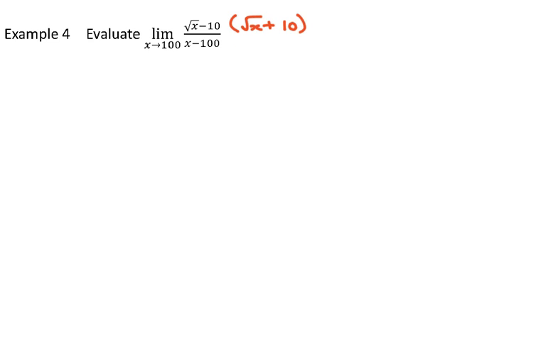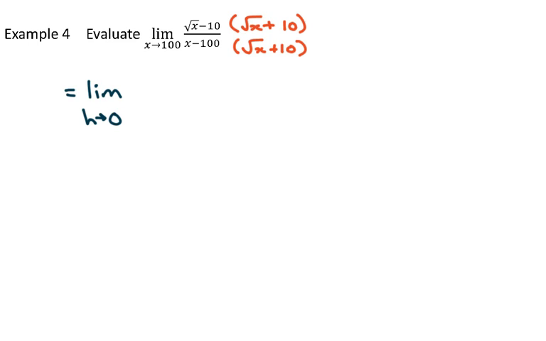And if we do that on the top, we also need to do that on the bottom. The process here, we are going to FOIL out the top. We are not going to FOIL out the bottom. I will explain why we don't FOIL the bottom once we get to the point where it will make sense.